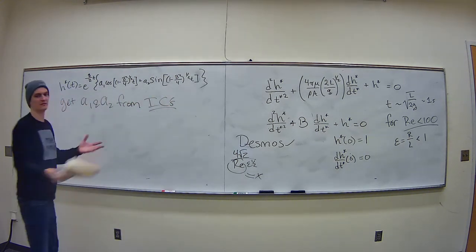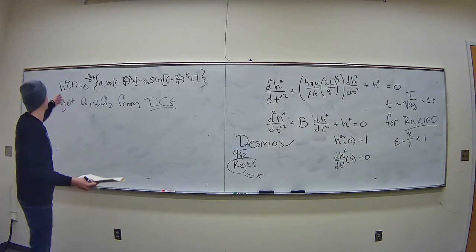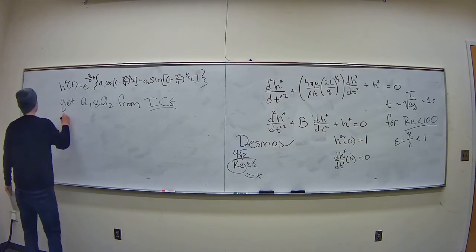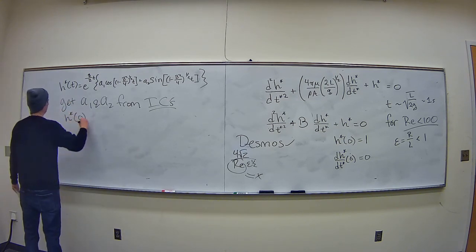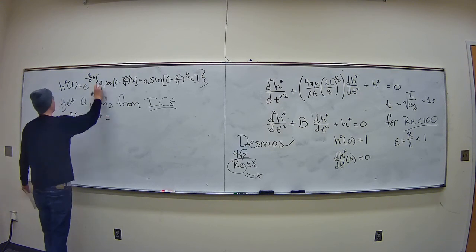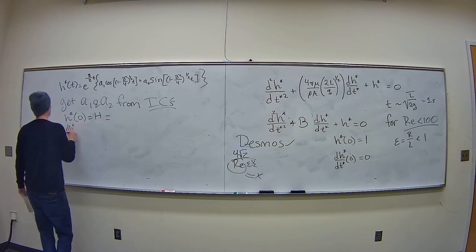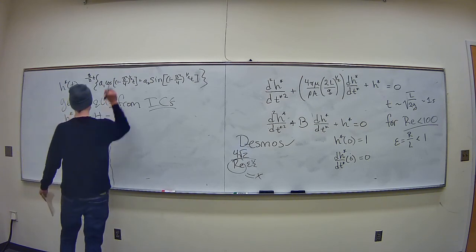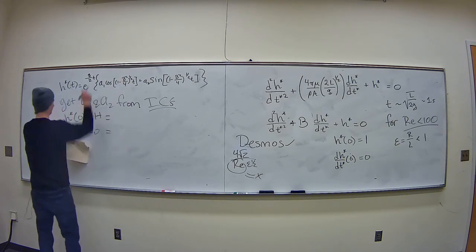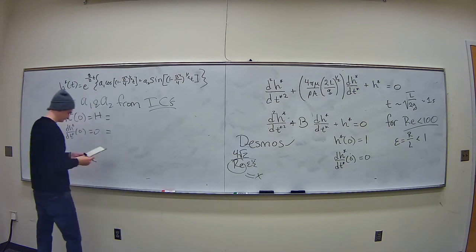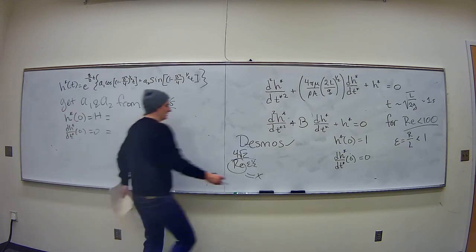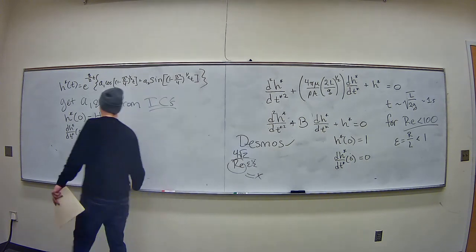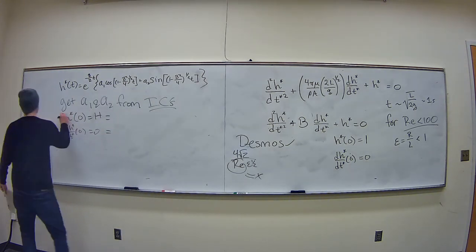The way you get them is from applying your ICs, because you know this function at 2 different values, right? You say, well, I know that this is h, so you set this equal to that, and then you set this equal to that, or you evaluate it at 0. I would say, actually, do this.